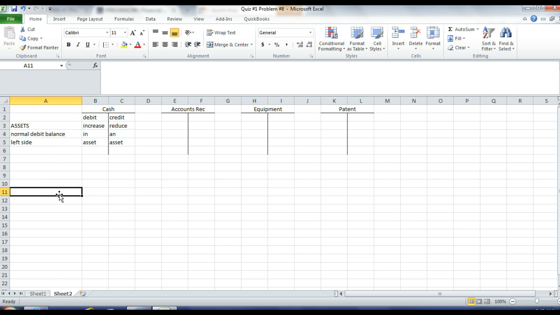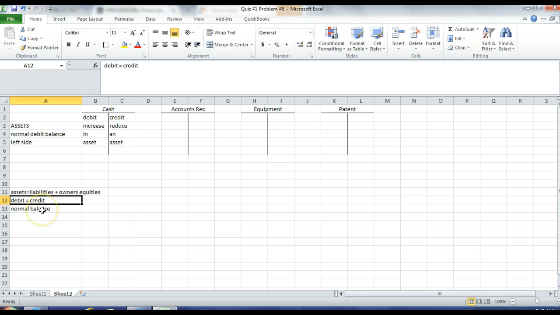Now, if we think of the equation, assets equal liabilities plus owner's equity, the asset side is going to be a debit as the normal balance. And on the other side of the equation, the liabilities and the owner's equity, the normal balance is a credit.